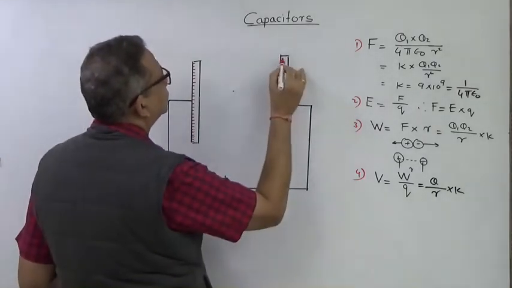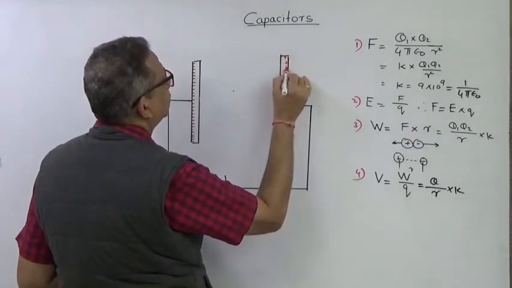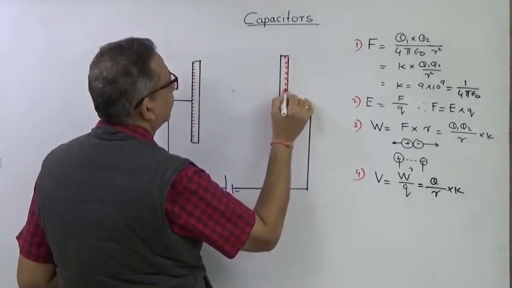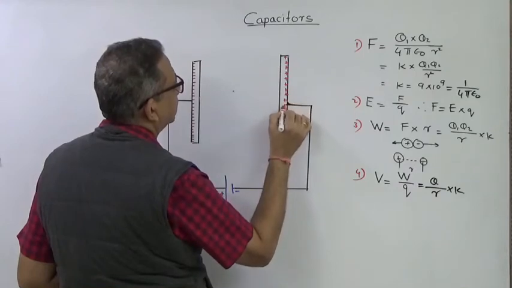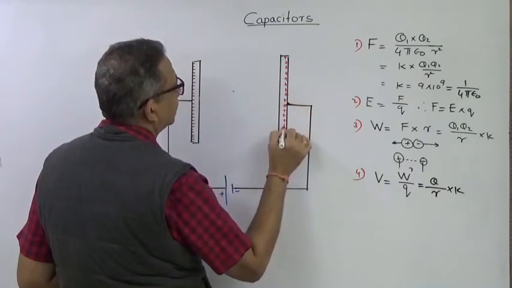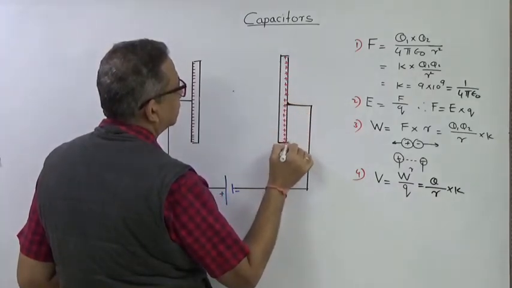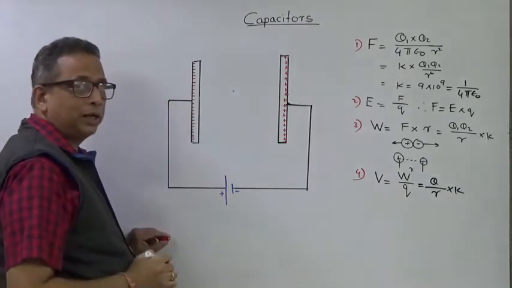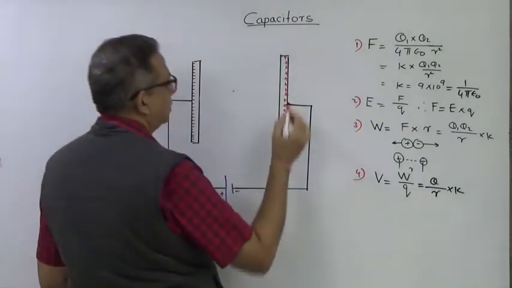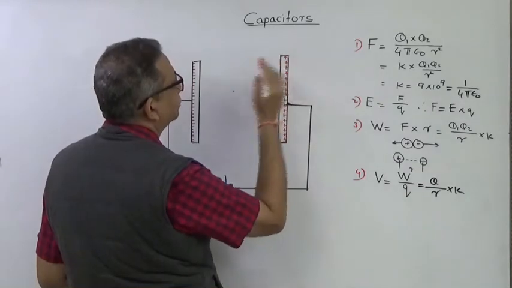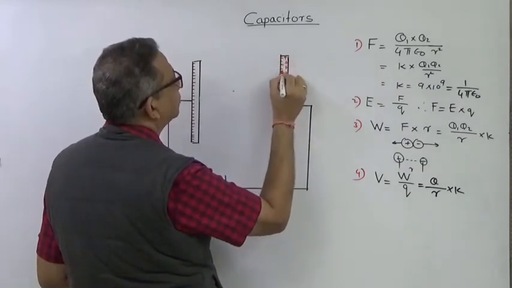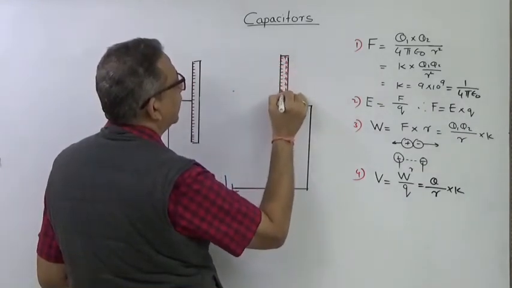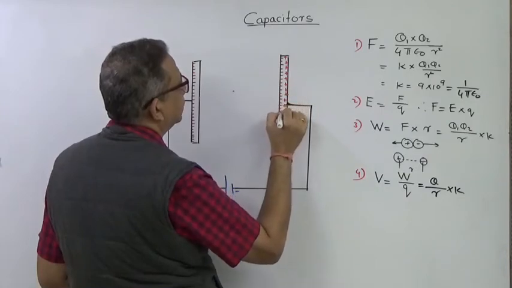Similarly, all the positive charge of this plate will get attracted over here. Once again, there is nothing like a positive charge; it is an absence of negative charge. Because of this negative charge, the electrons will get repelled onto this surface of this plate, so this surface will have developed a negative charge.